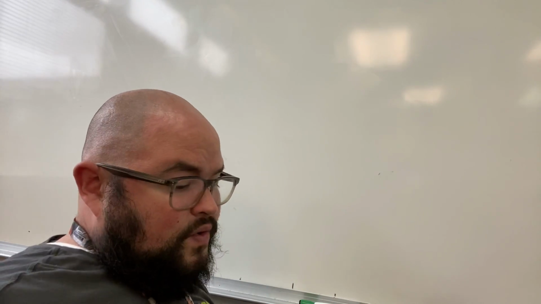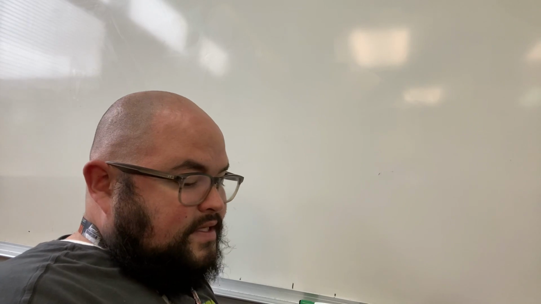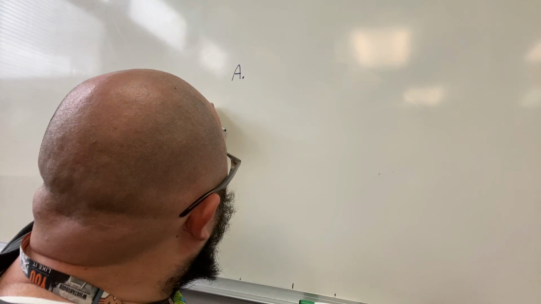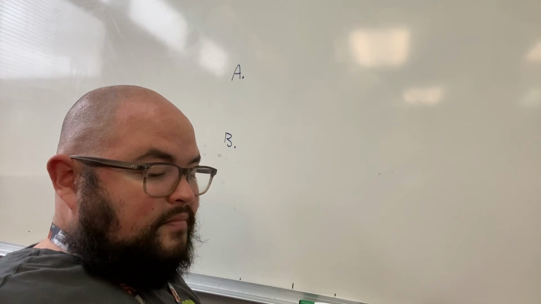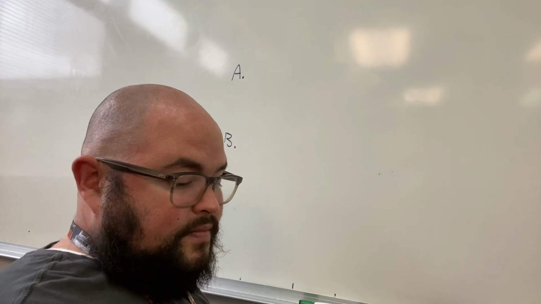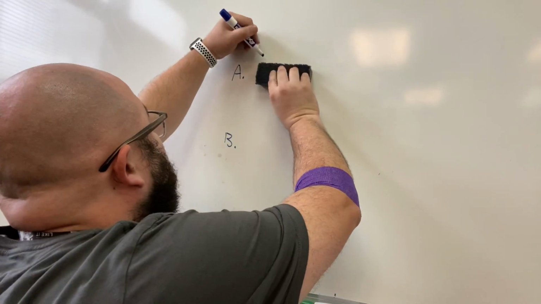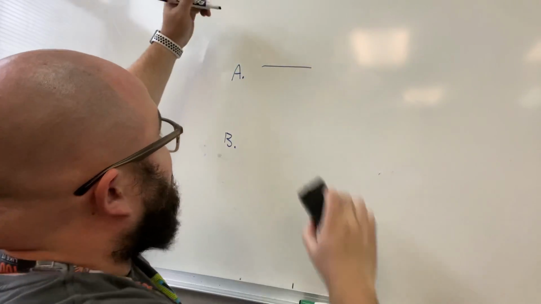Number 2 on page 27, math journal. We have another A, and we have another B. It says draw and label line BN. That's our first part. So let's draw that. I'm going to use my straight edge here. There we go.